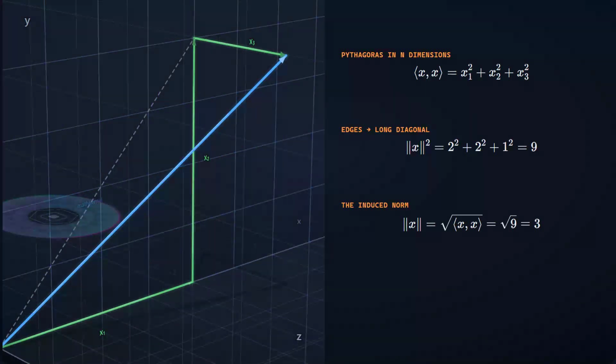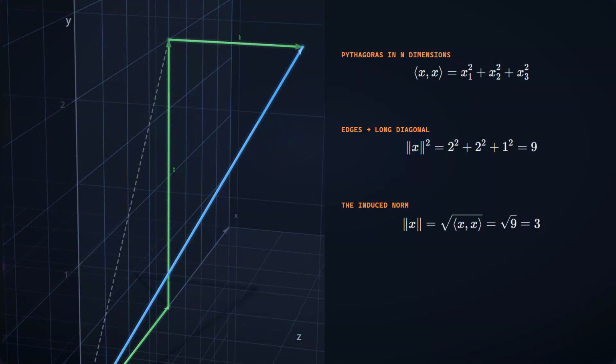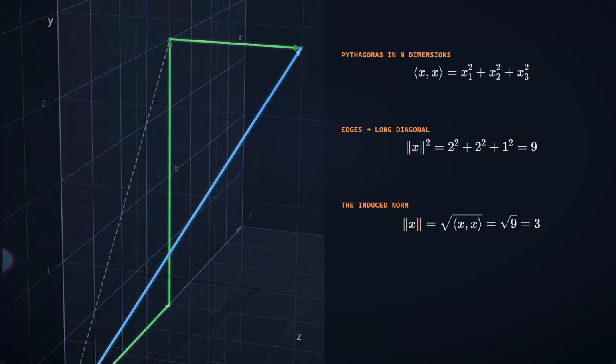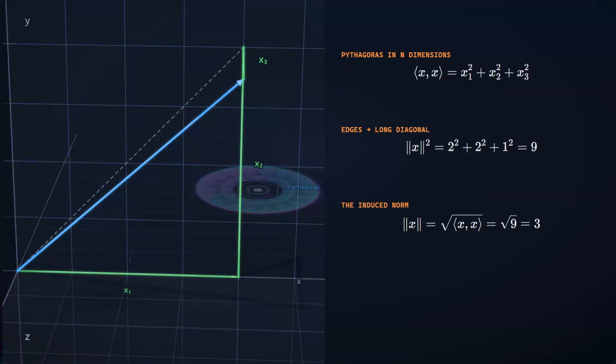You're taking the root of the product of x with itself. What guarantees that number is never negative, so the root is even real? The best question in the whole video, hold on to it. The full answer is the third axiom, positive definiteness, and we'll make it the star later. For now, a real vector's product with itself is a sum of squares, so it can't be negative.